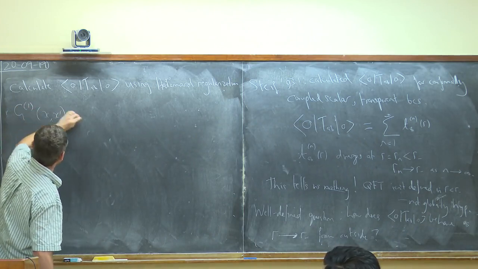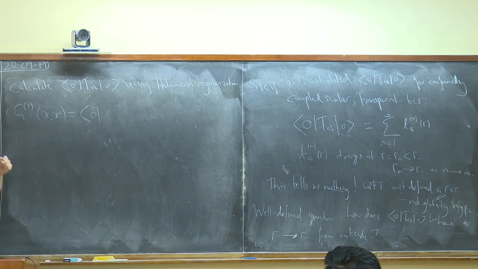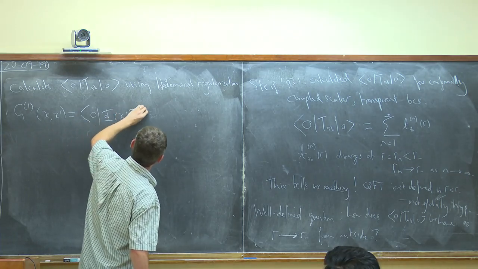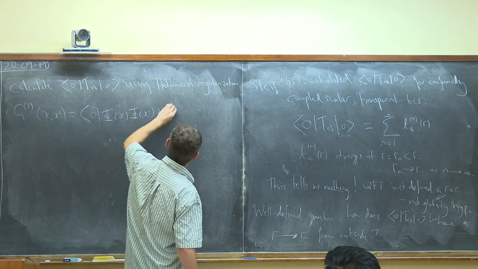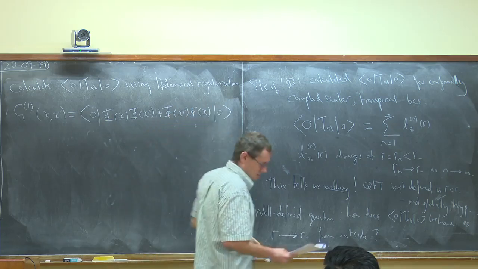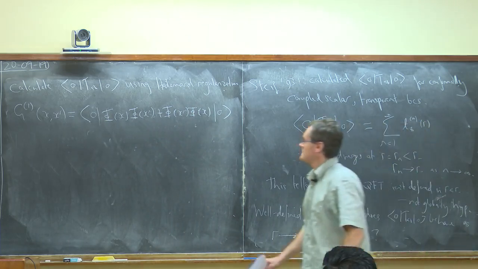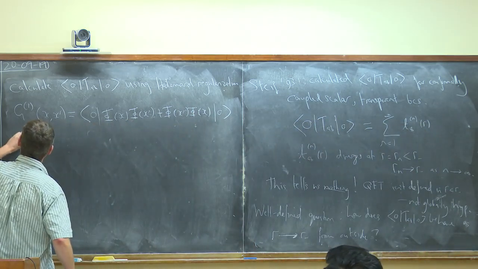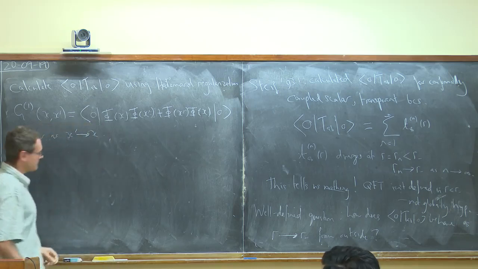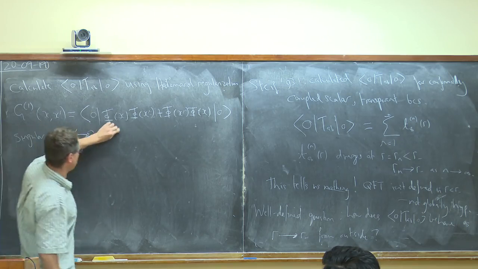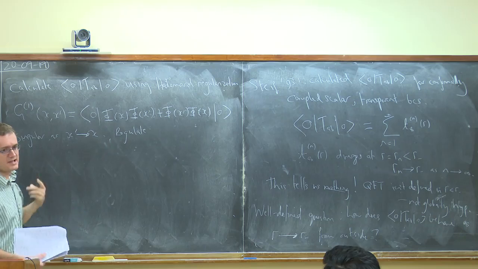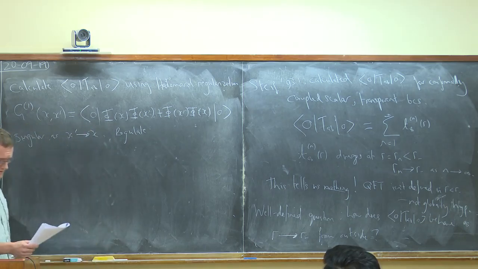So the idea is to start from the symmetrized Wightman function. This thing is singular as x prime goes to x. So we regulate the singularity by subtracting something which has the same divergent structure as a quantum field theory in flat space.